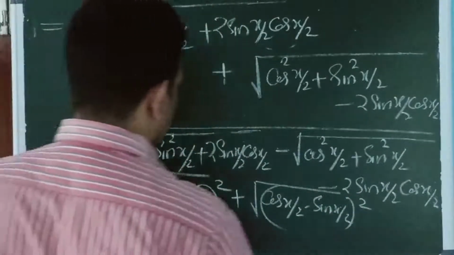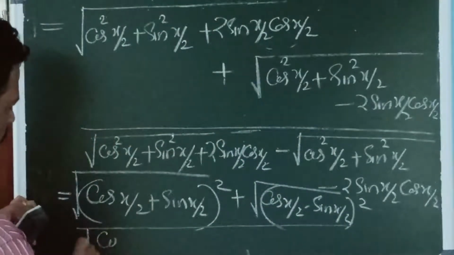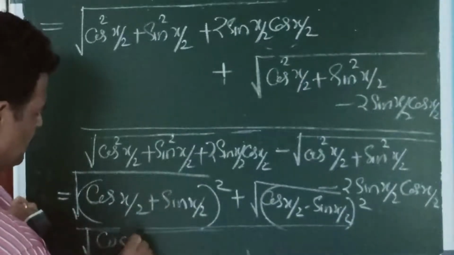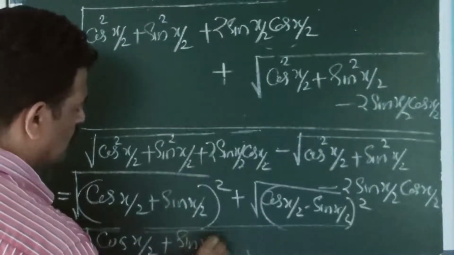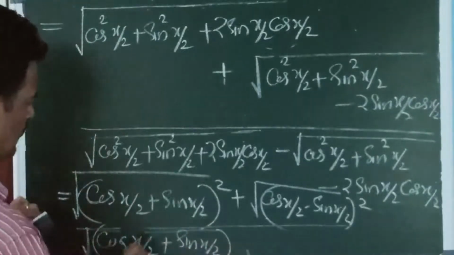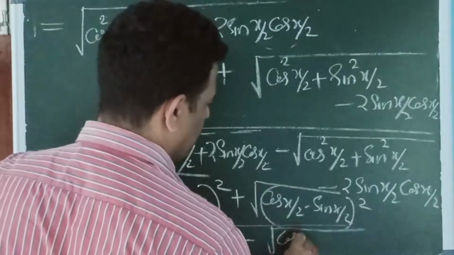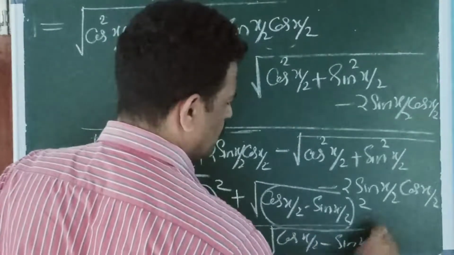And the denominator is also in the same pattern. It is the square root of (cos x by 2 plus sin x by 2) the whole square, minus (cos x by 2 minus sin x by 2) the square.